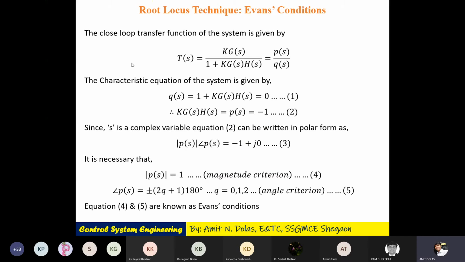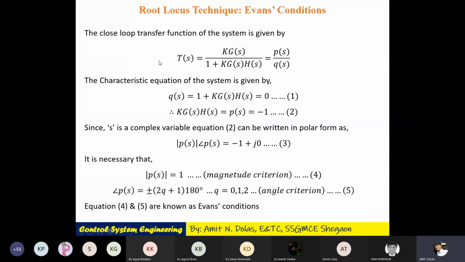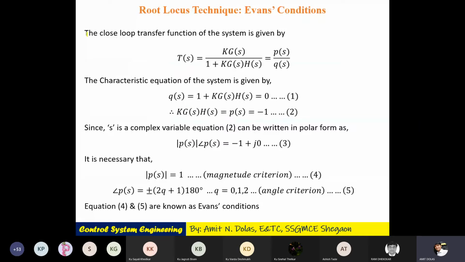Now whatever we had seen, the theory will come into the picture in this example. The closed loop transfer function we already have on the previous slide. Then what is the characteristic equation of this closed loop transfer function?